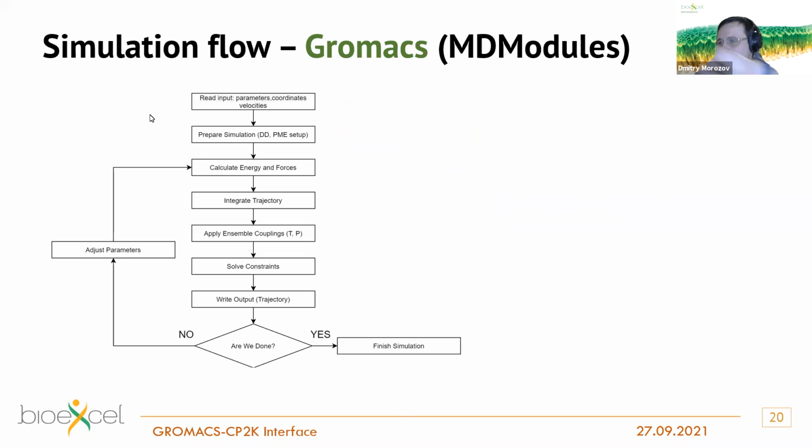And what these MDModules are doing, basically, they allow external codes to provide forces and energies and setups for GROMACS in a unified way without scattering the code. In GROMACS, in reality, it is looking like 3 lines in the main code, which can be removed within 2 minutes, if needed, or added within 2 minutes, and that's all, basically.